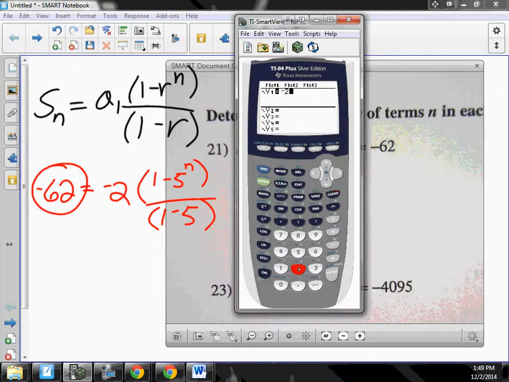So negative 2, the top needs parentheses, 1 minus 5 raised to the x, close the parenthesis, and then what is the denominator? It's just negative 4. So we'll divide that by negative 4. And then we do second graph, and we find negative 62, which is n equals 3.